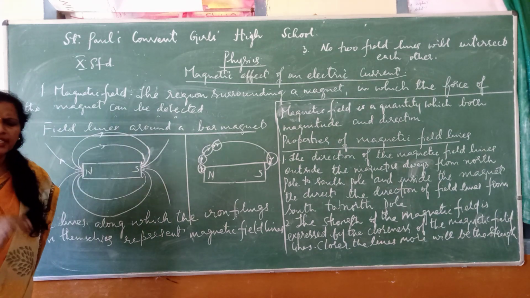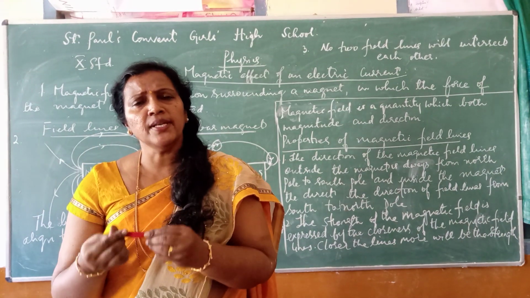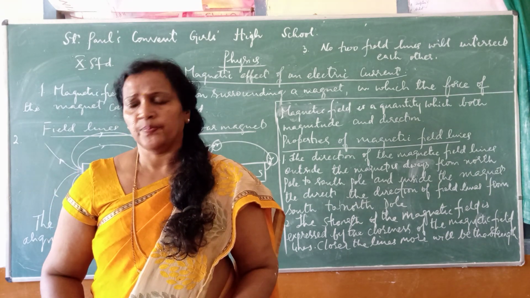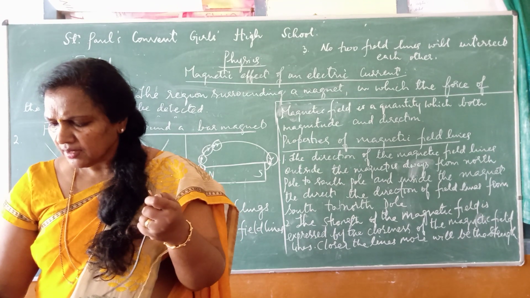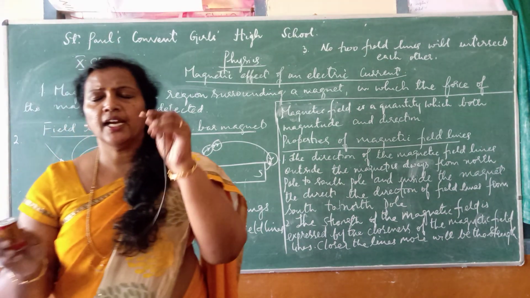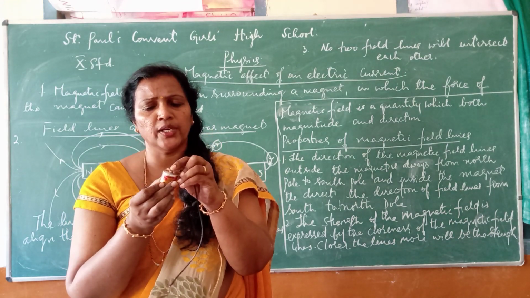The same magnetic field which is surrounding the magnet can be seen when an electric current is passed through a conductor. When an electric current is passed through a conductor, what happens? You all know that a conductor is a material which allows electric current to pass through it.